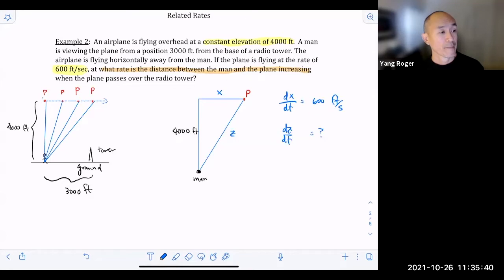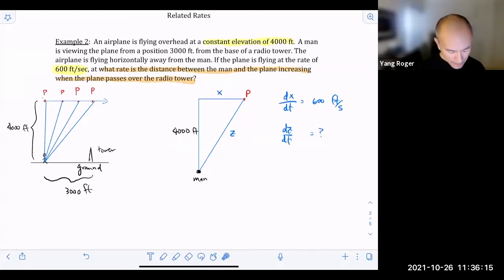But they want it at a particular moment. The particular moment they want it at is when the plane passes over the radio tower. So the question is, how do I know when that is? And the answer is, maybe I'm not going to have a particular time. Maybe it's a particular value of x or z.